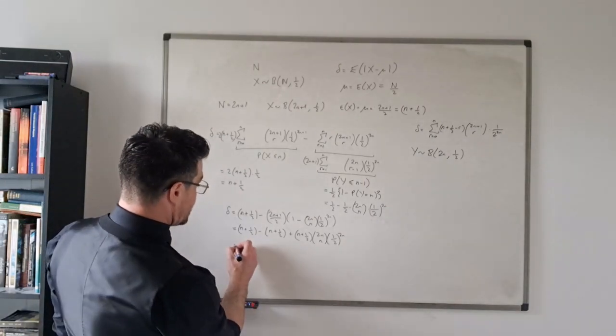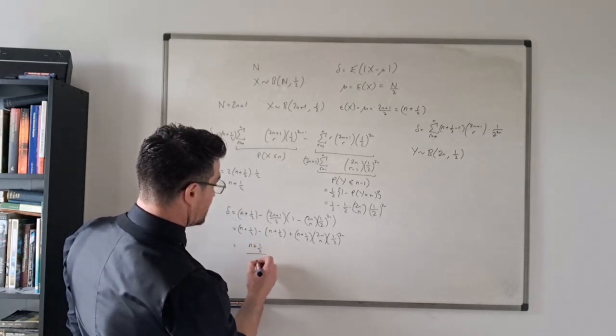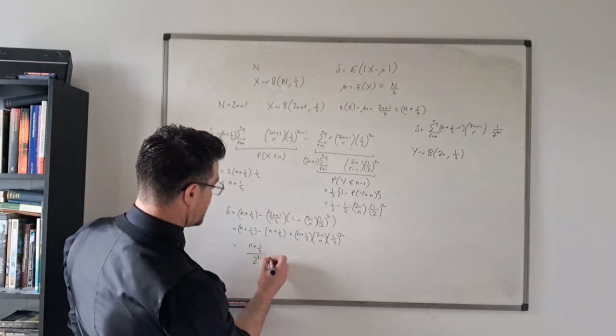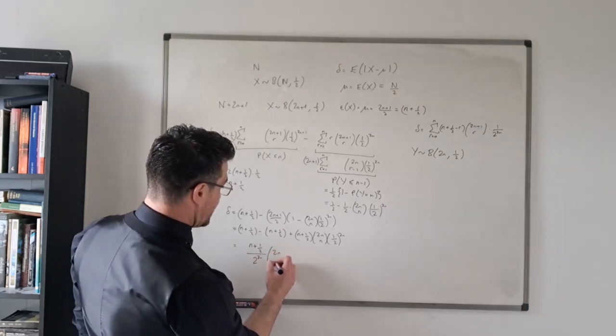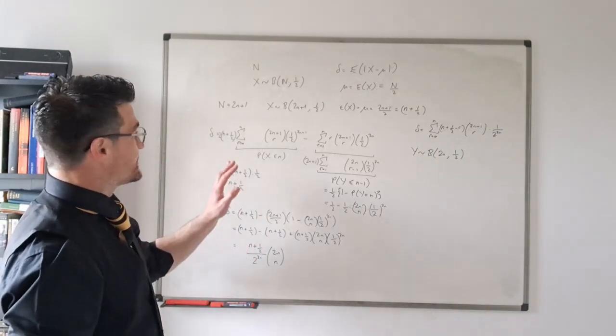Because I could write this now as n plus a half over 2 to the power of 2n. It doesn't quite fit the form that I had previously.